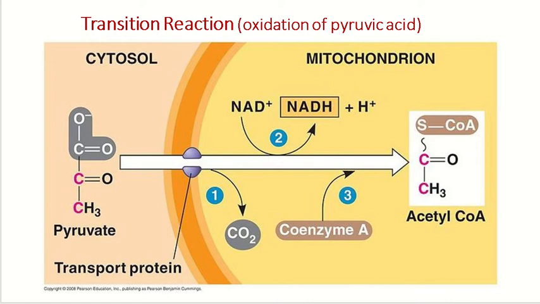So in a sense, it needs to pass through the outer membrane first. Well, of course, to do that, we must understand first its chemical nature. So chemically, pyruvic acid is a large and polar molecule, and given its chemical nature, it cannot penetrate easily the phospholipid bilayer of the outer mitochondrial membrane.